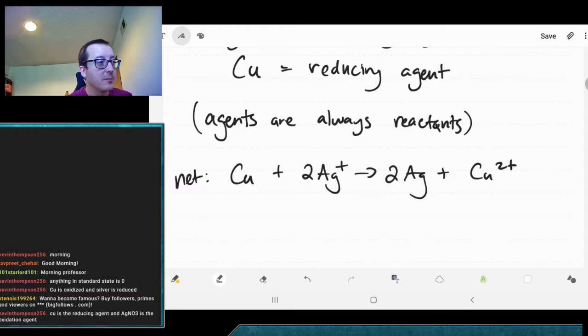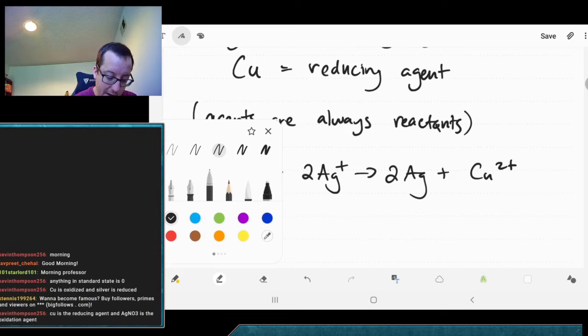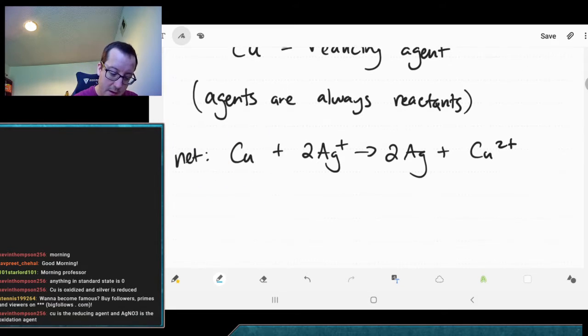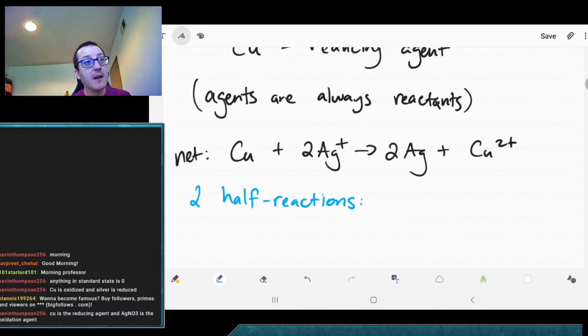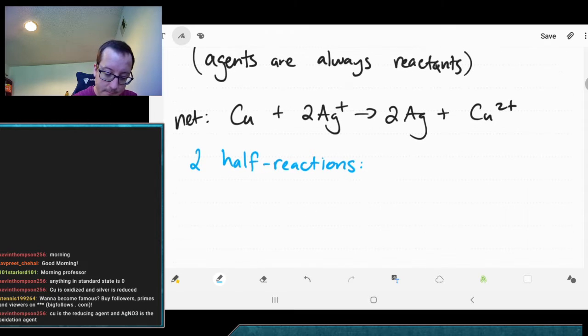I'm omitting state symbols because I'm naughty, but you know, solid and aqueous is what you'd have there. With this, what we often look at in electrochemistry is we look at these as half reactions instead. We see that this is actually two half reactions that make up this net ionic equation.